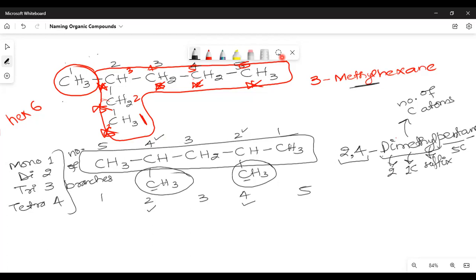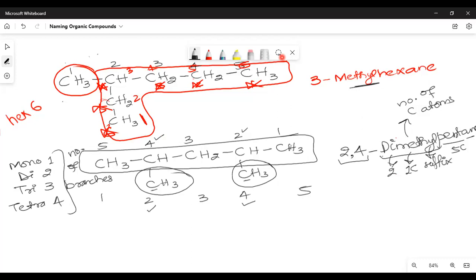A branch can have three carbon atoms, right? And there can be two branches on a structure. There can be three. There can be more. There can be less. So actually, these prefixes stand for the number of branches, and these prefixes, meth, eth, prop, but, are representing the number of carbon atoms. So these are two separate prefixes representing two entirely different things. Make sense?